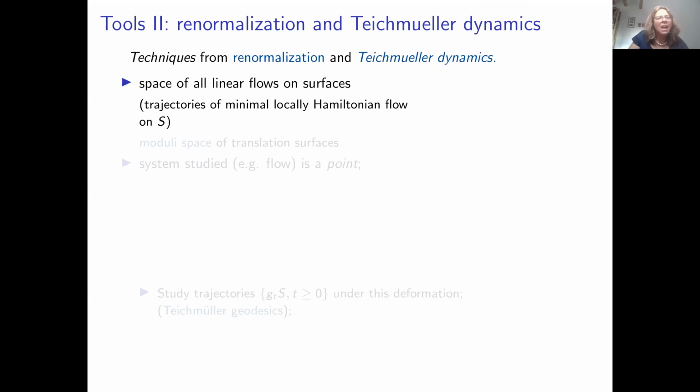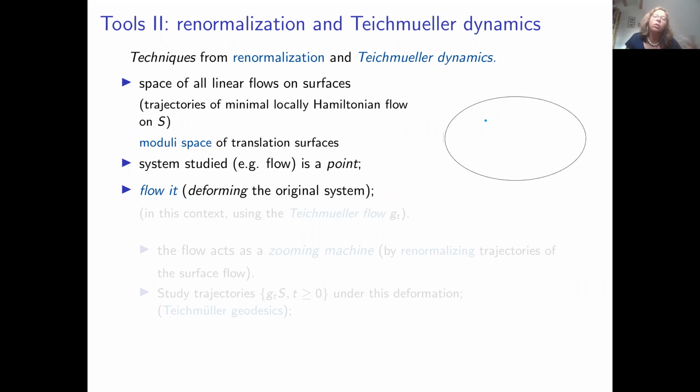Another crucial tool comes from Teichmüller dynamics and renormalization. It turns out that it's useful to look not at one flow, but at the space of flows on surfaces. I'm cheating a little bit, but see your original flow as a point in this larger space and look at deformations of your system. We use as the deformation what's known as the Teichmüller flow.